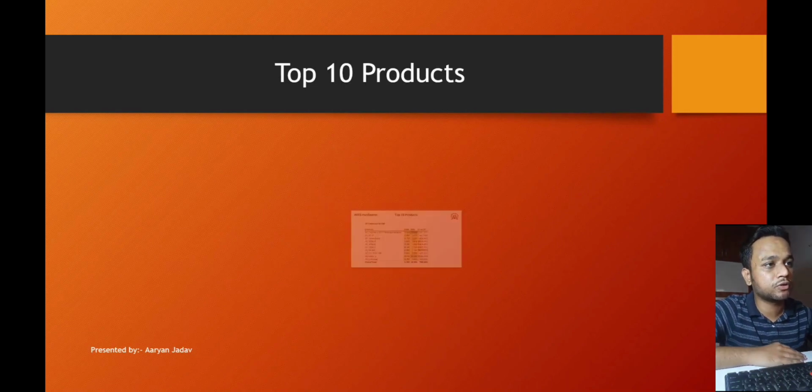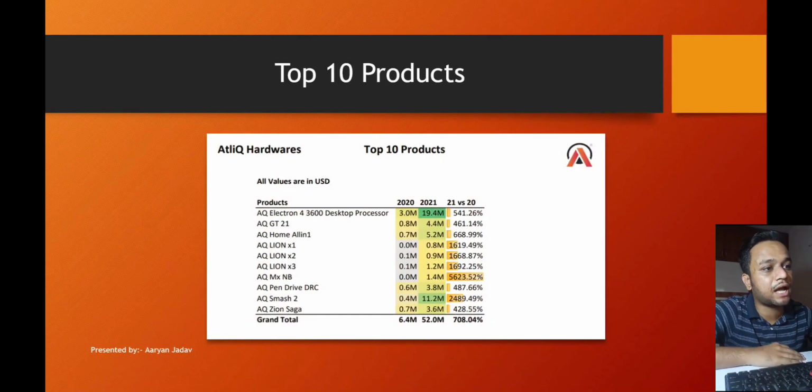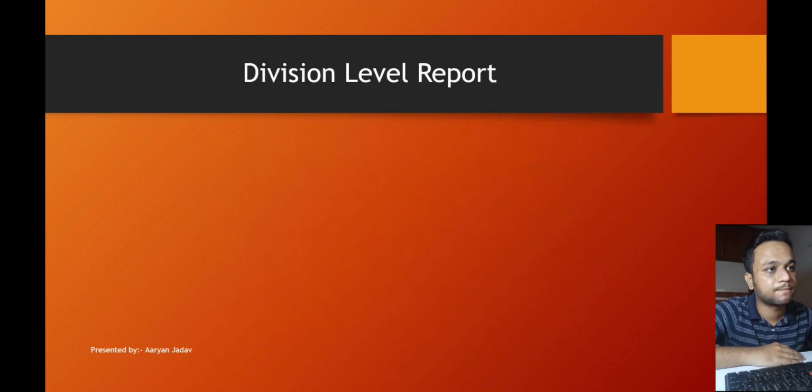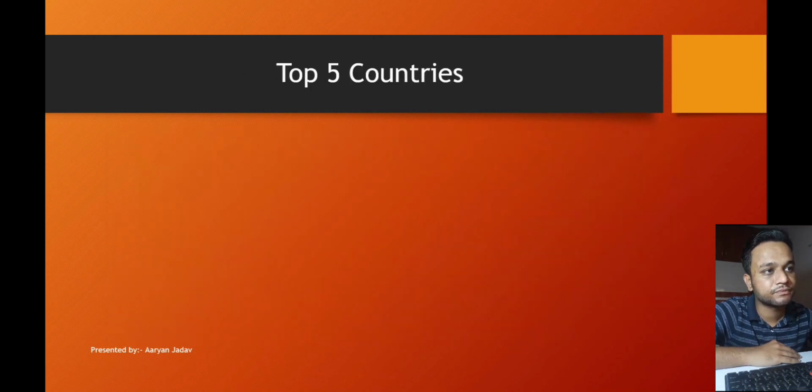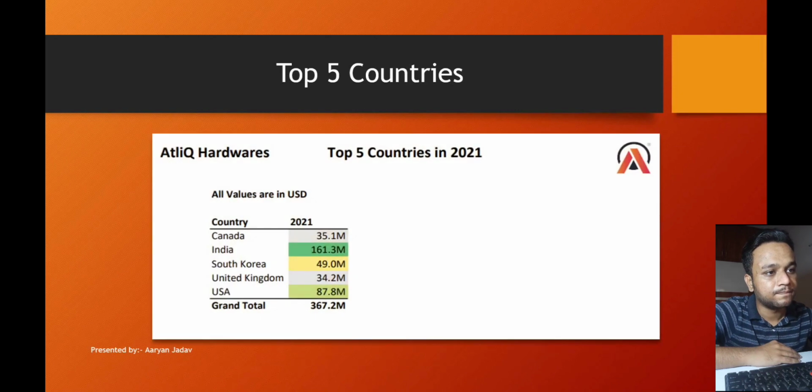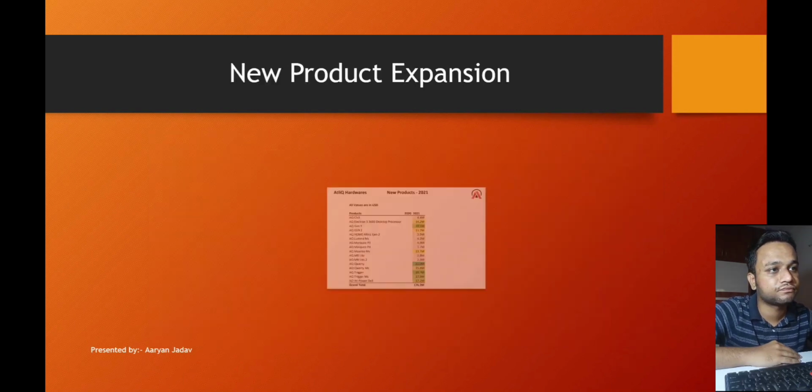So here is the report of the top 10 products that have the highest net sales from 2020 to 2021 with growth percentage. Next is the division level report from 2020 to 2021 with growth percentage. Here are the top 5 countries that have the highest net sales in 2021.